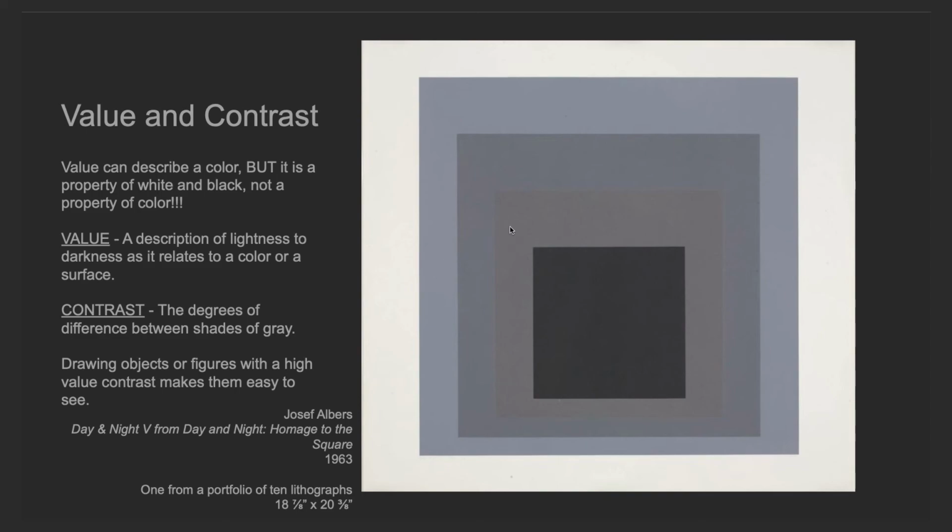But between these colors or these values, there is only 1 step of difference. So that is a lower contrast. Black and white, higher contrast. Value is the amount of gray or black in an image or an object. And it's disregarding the color.